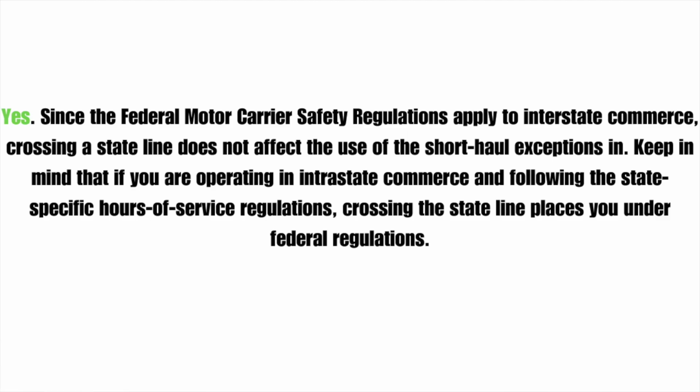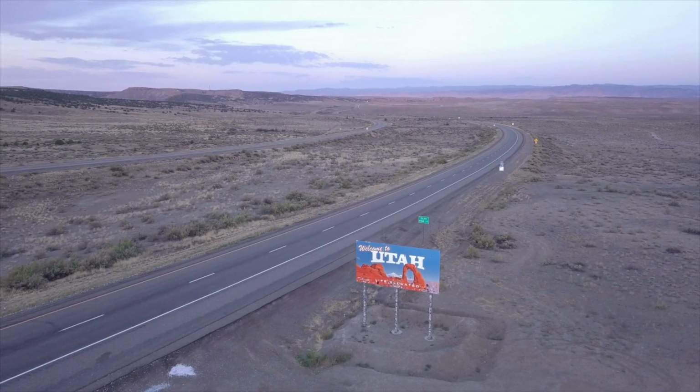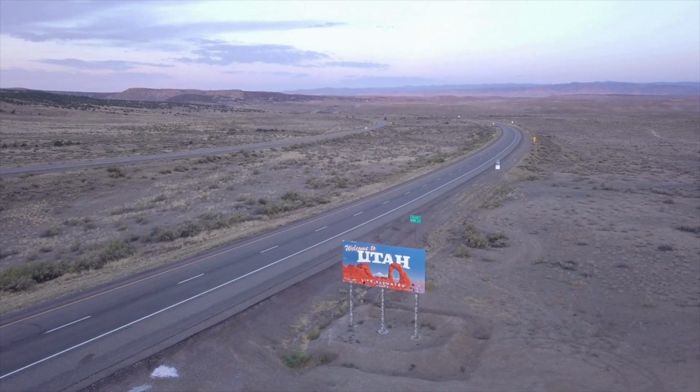All right. The most frequently asked question centered around the 150 air mile radius is, if you cross state lines, can you still use the 150 air mile radius exception? The answer is yes. Since the FMCSA regulations apply to interstate commerce, crossing a state line does not affect the use of the exemption. But keep in mind, if you are operating in interstate commerce, crossing the state line puts you under federal regulations.